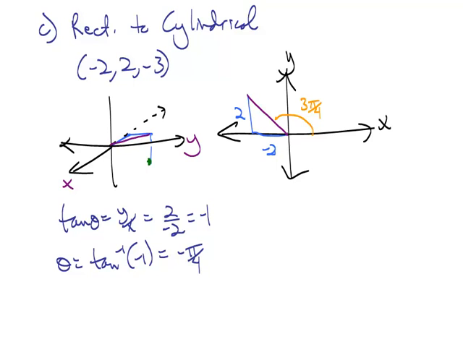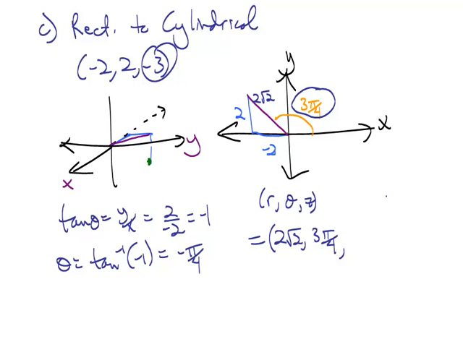Inverse tangent always returns the one between negative pi over 2 and pi over 2. So 3 pi over 4 is the angle that we want. And then, of course, r is going to be 2 root 2 using the Pythagorean theorem. So our r, theta, and z is going to be r, which is 2 square root of 2, theta, which is 3 pi over 4, and of course z is z, -3.